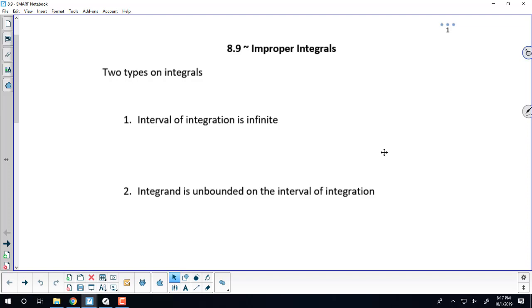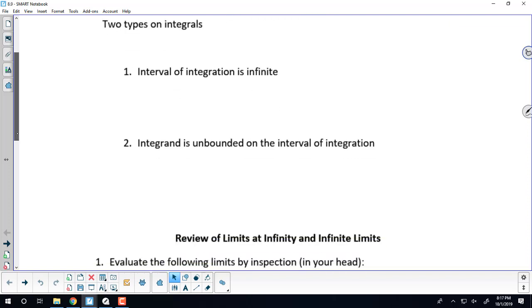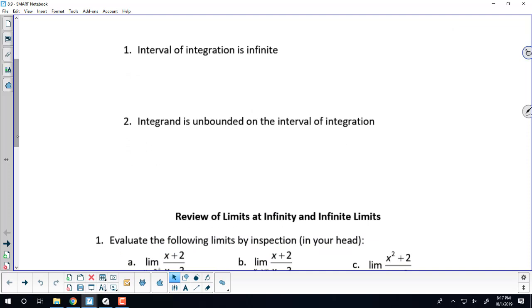So we're looking at improper integrals, and there are 2 types. One is when the interval of integration is infinite, and the other is when the integrand is unbounded over the interval of integration. So what we mean by an infinite region is something to the effect of, let's say we had to integrate from 1 to infinity of the function 1 over x dx.